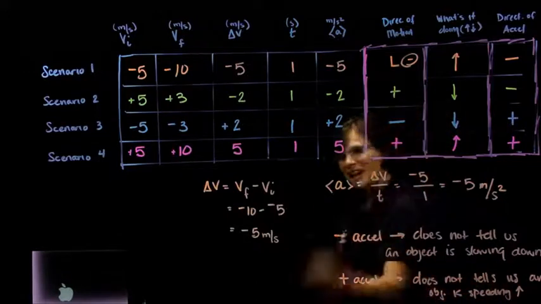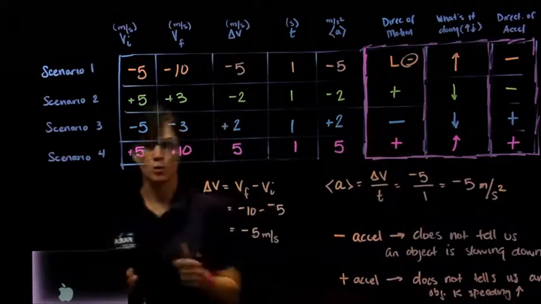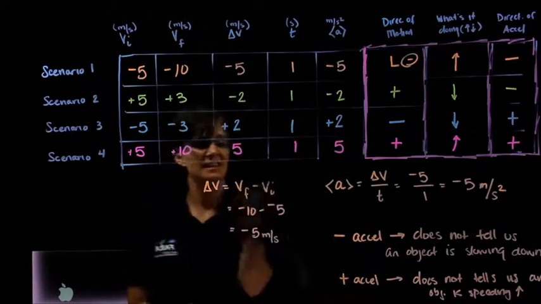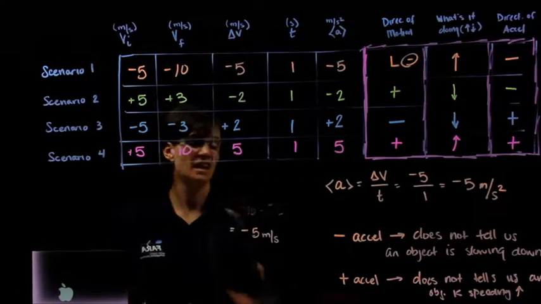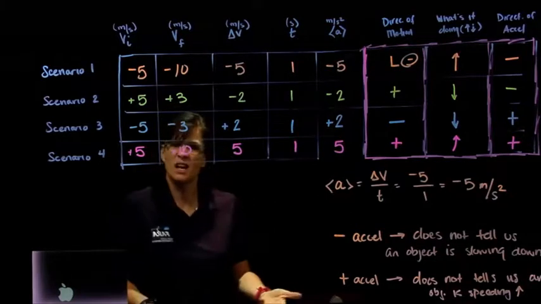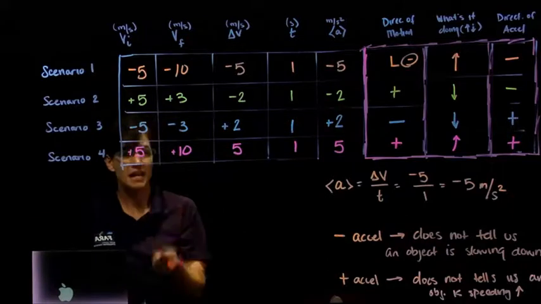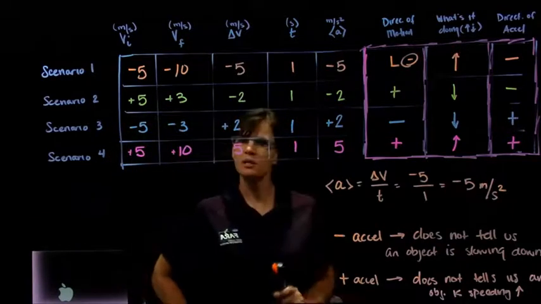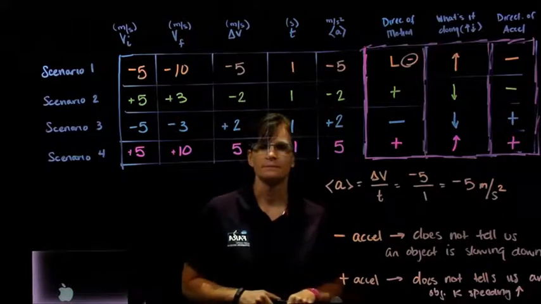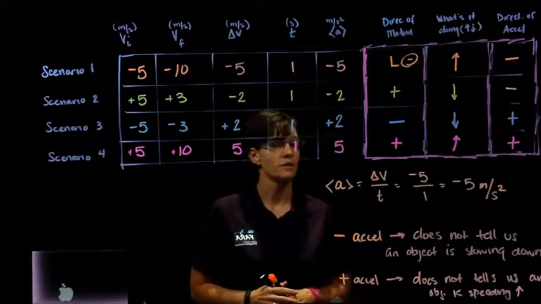So the direction of the acceleration alone, if all I know is the object has a negative acceleration, if that's the only thing I know, can I say whether the object is speeding up or slowing down? If I tell you the object has a negative acceleration of 3 meters per second squared, can you tell me it's speeding up or slowing down? No, you can't.